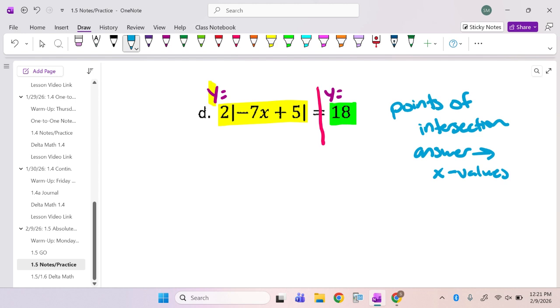All right. Take a minute. Solve that equation using Desmos.